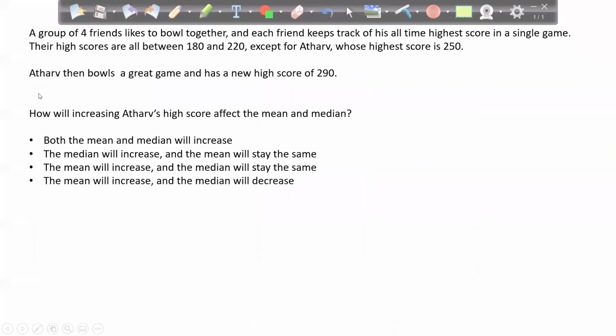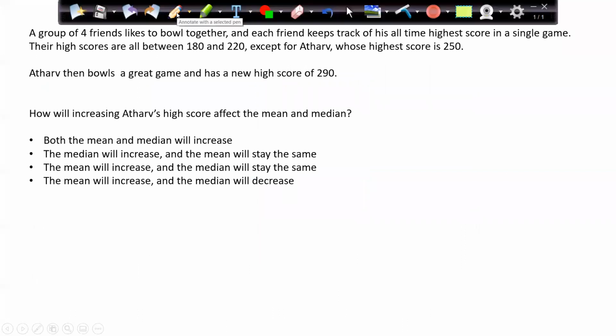Now here is one more scenario for us. A group of 4 friends like to bowl together, and each friend keeps track of his all-time highest score in a single game.